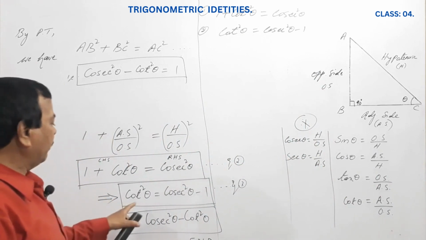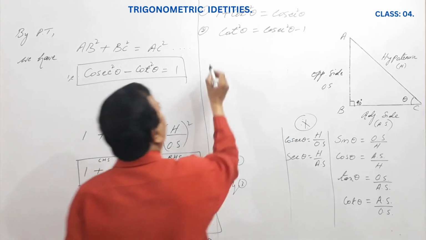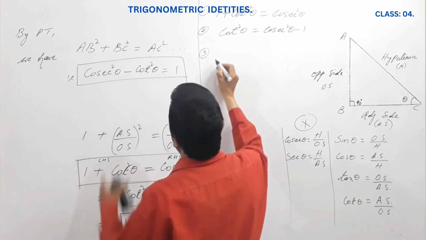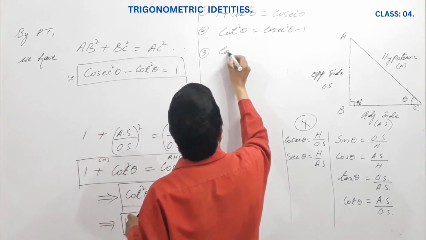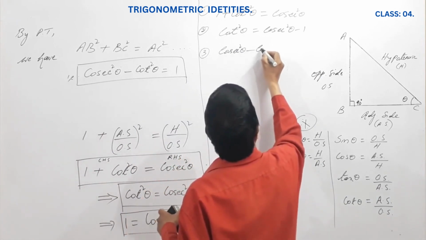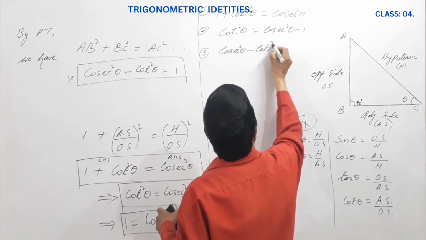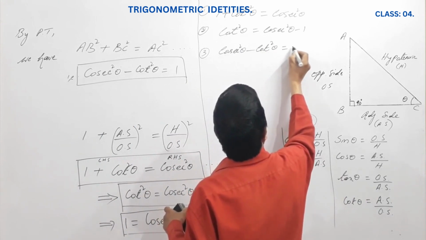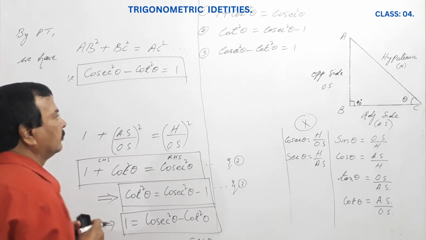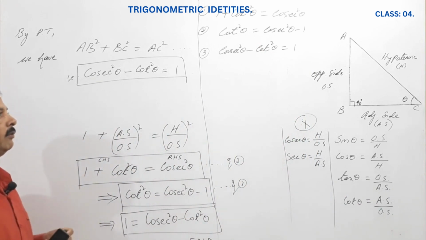So I am rewriting this. Third one is this, cosecant square theta minus cot square theta equals to 1. So please make a note of this.